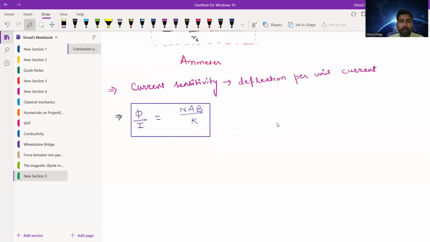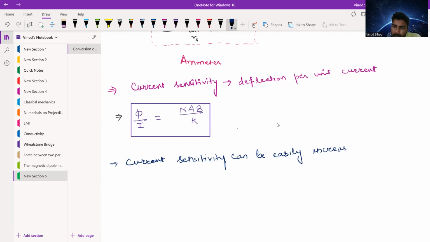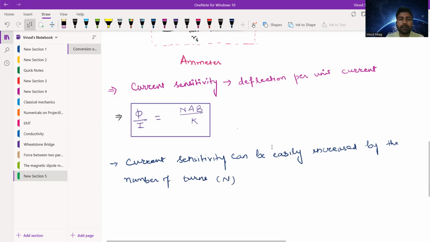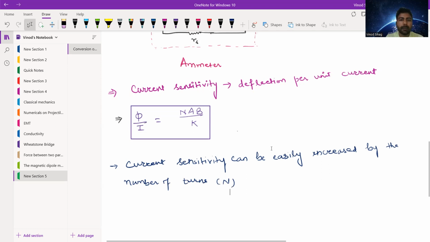So we can make a point here that current sensitivity can be easily increased by increasing the number of turns. And if we increase the number of turns, we will get high sensitivity of the galvanometer.